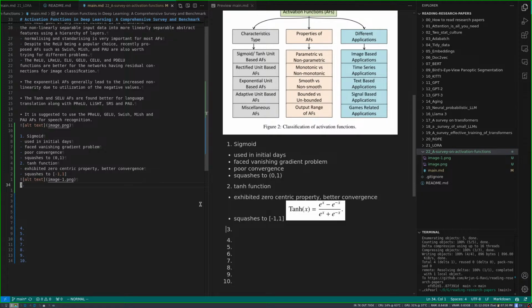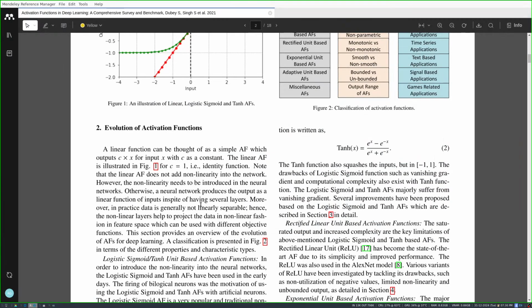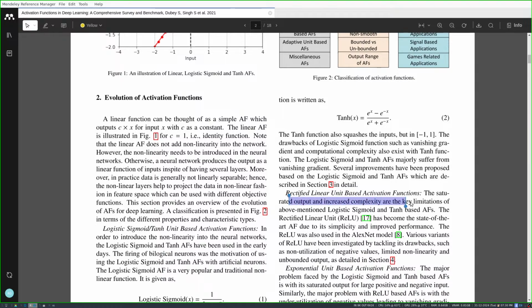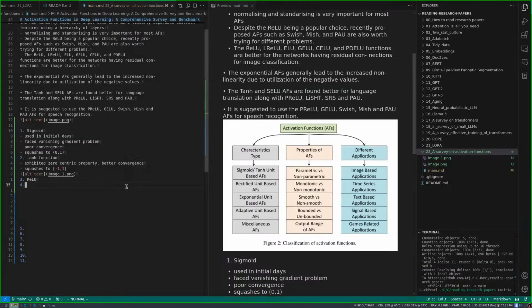ReLU. Rectified linear unit based activation function. The rectifier has achieved state of the art performance due to its simplicity and high performance.